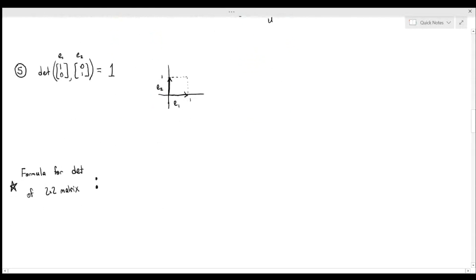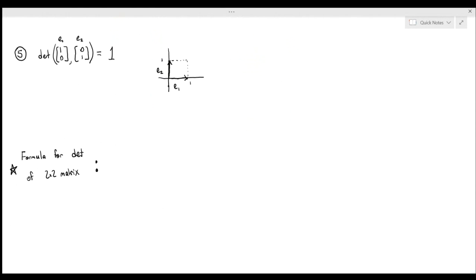The last property that I wanted to mention was the determinant of these vectors, e1, which is (1, 0), and e2, which is the vector (0, 1). The determinant of these two is equal to 1. Or in terms of matrices, we're saying that the determinant of the 2 by 2 identity matrix is equal to 1.